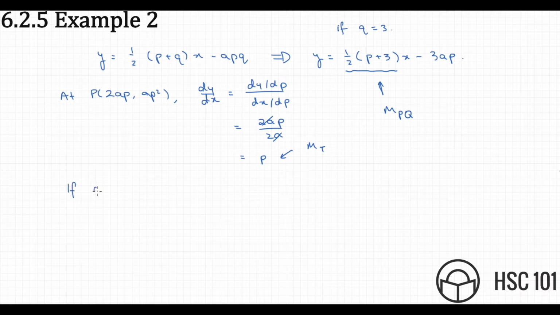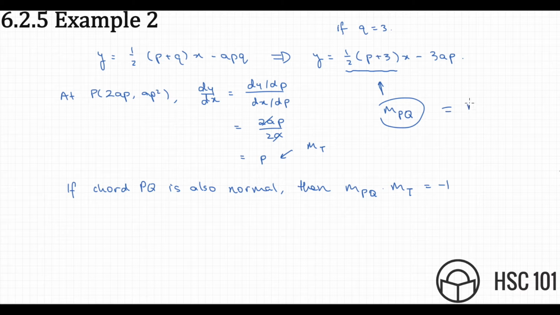In other words, the gradient of PQ times the gradient of the tangent needs to give us −1, which is exactly the gradient of the normal at P.